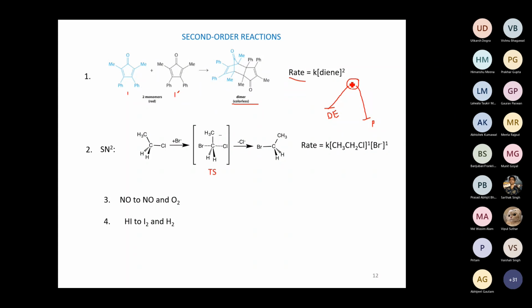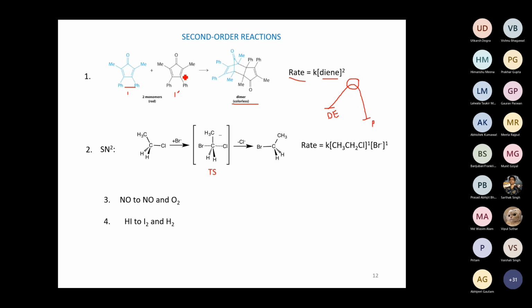Only one type, that is the diene. So rate law is indicating that in the transition state or rate determining step, two molecules of diene are involved, and that is very obvious.